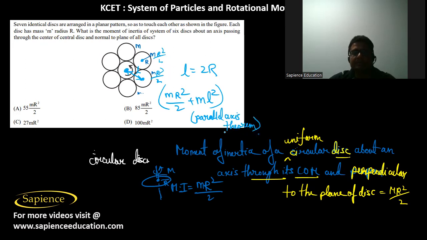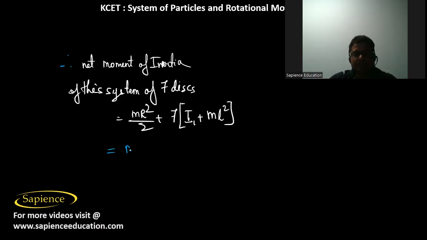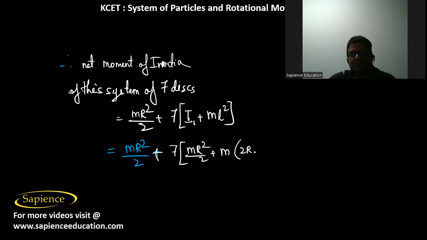According to the parallel axis theorem, we know that it is ICM plus Md square. So therefore it will be mr square by 2 plus 7 into mr square by 2 plus ml square. L is 2r, so 2r whole square.